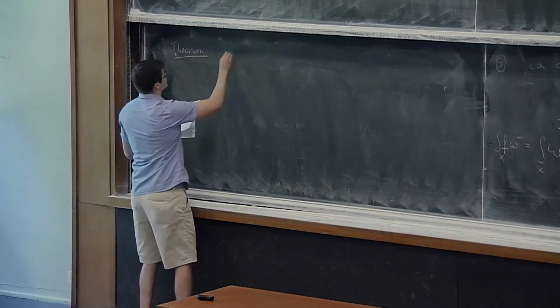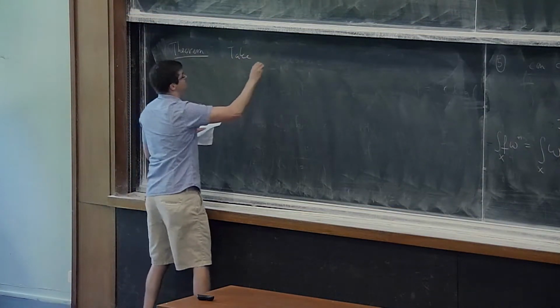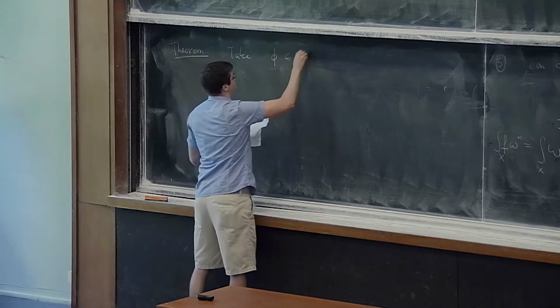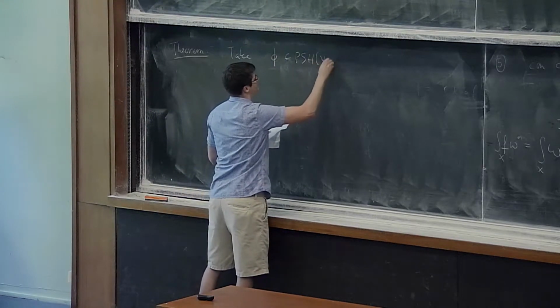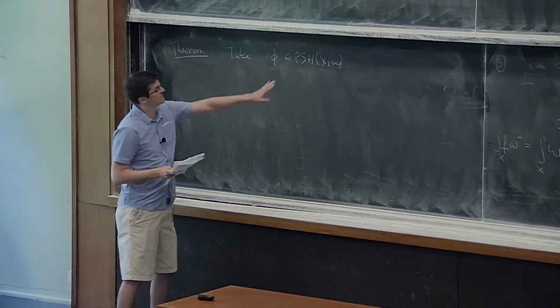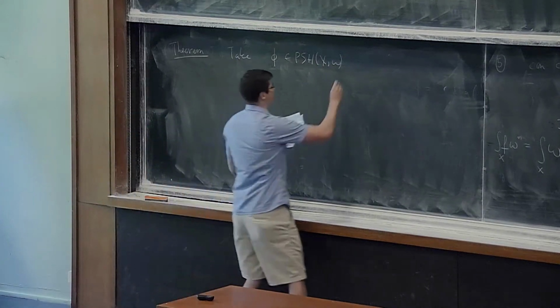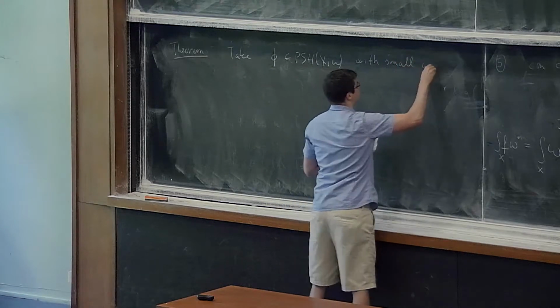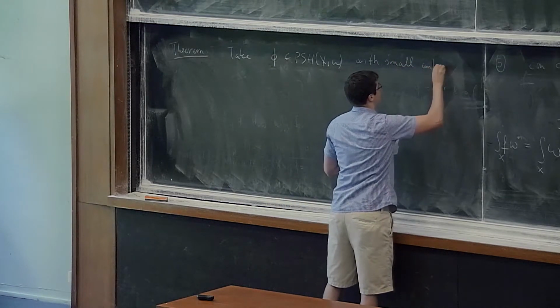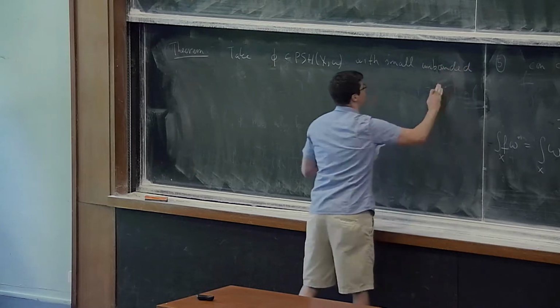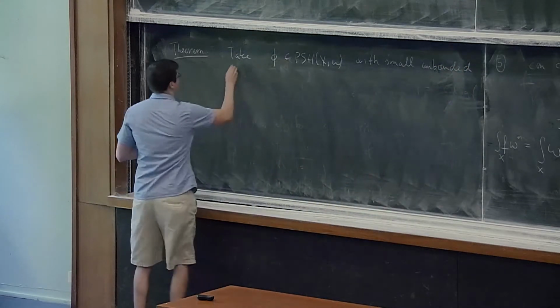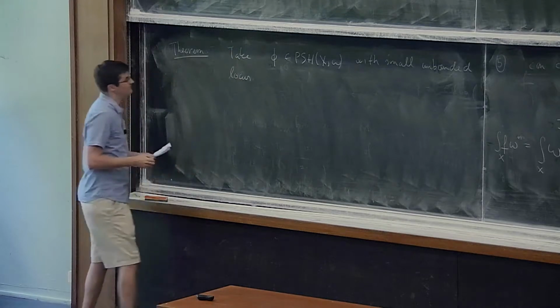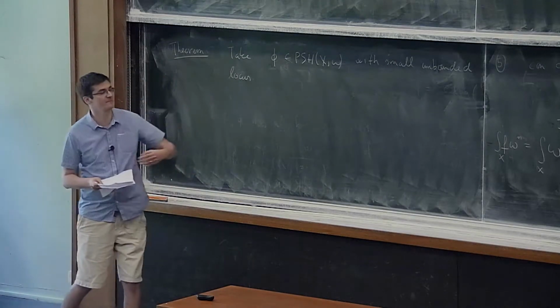So take a phi here and just ask that this has small unbounded locus. It's almost like a reverse theorem of our main theorem from here.